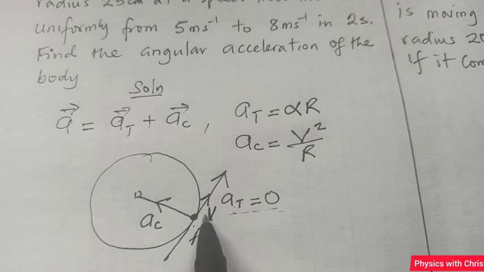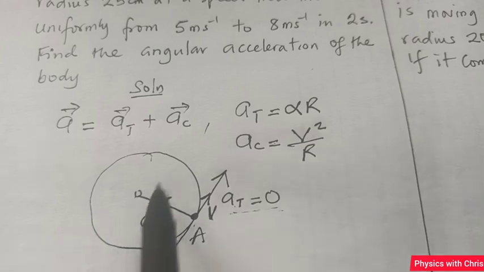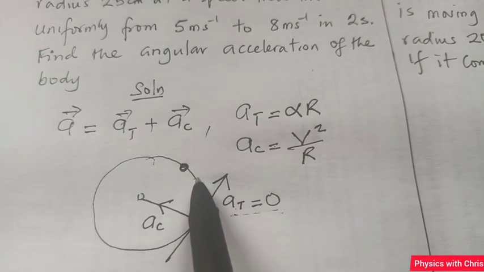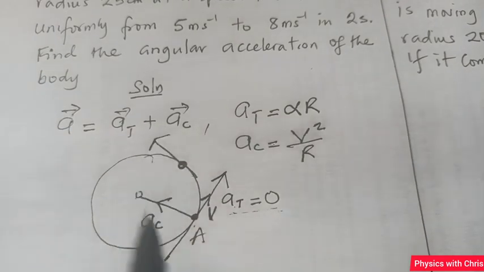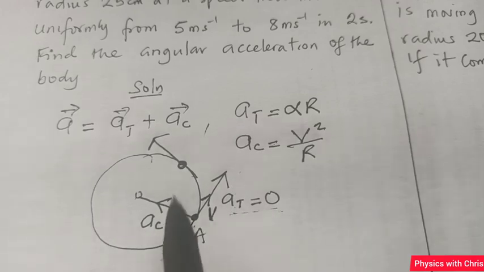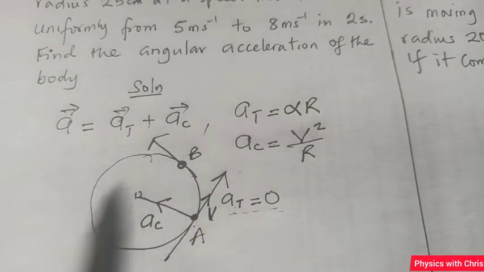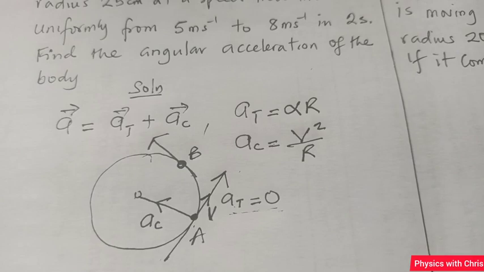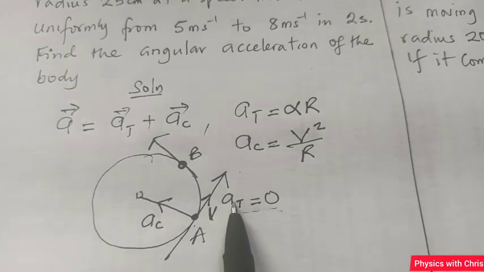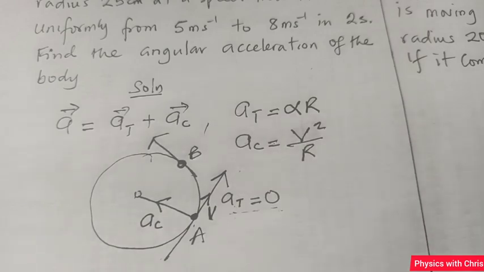This centripetal acceleration is responsible for the changing direction of the body. Though moving at a constant speed, the direction keeps changing. It was directed like this at point A, and now at point B, this is how the body is directed. So though a body moves with a constant speed around the circle, its tangential acceleration is equal to zero. It does not accelerate in that direction.